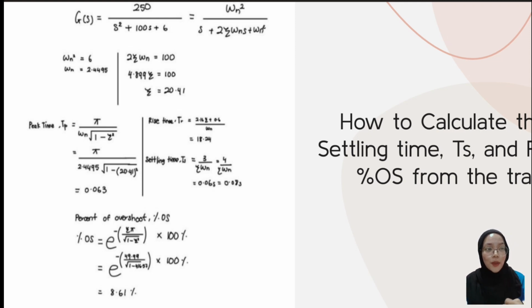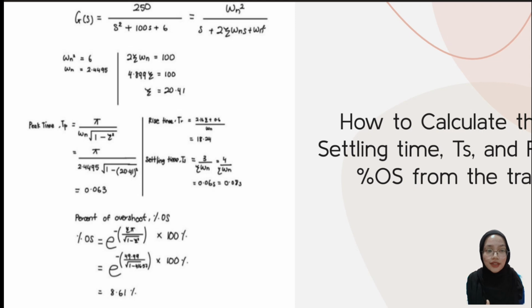To get the omega n, we get it from that equation, from that transfer function. To get the damping ratio, we need to use the formula 2 zeta omega n equal to 100. So that we got the value for the damping ratio. So the peak time, we need to use the formula that given.